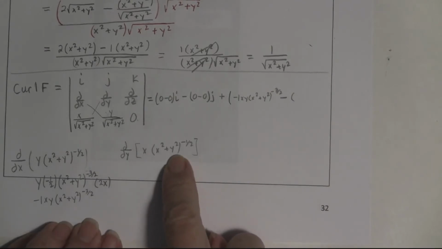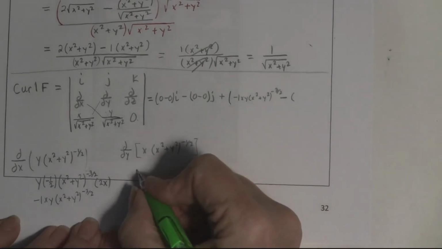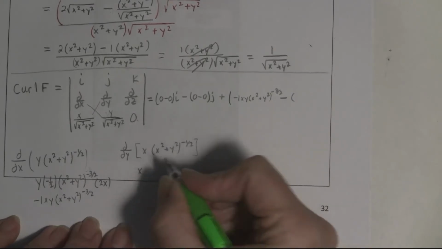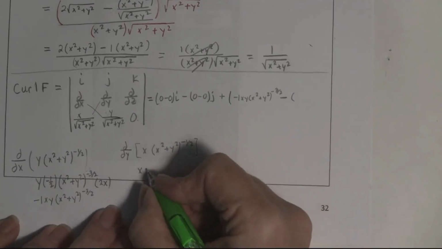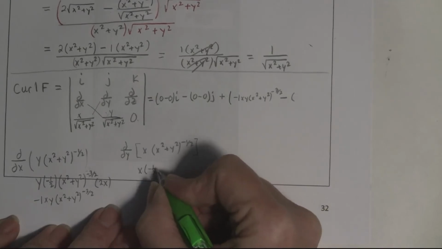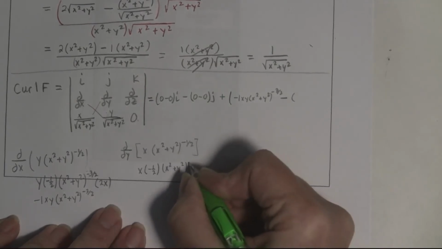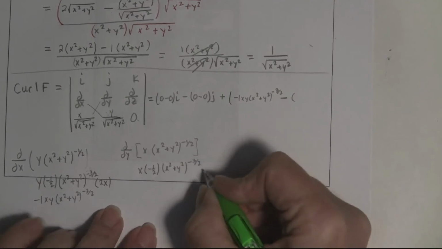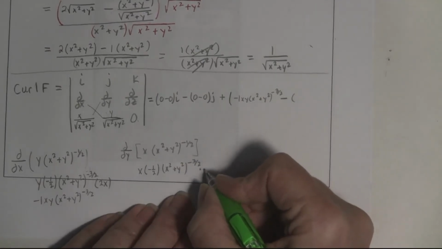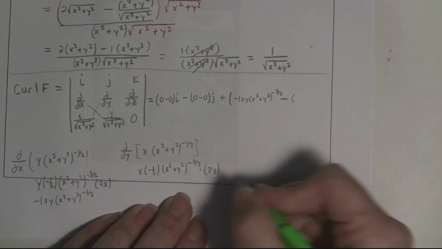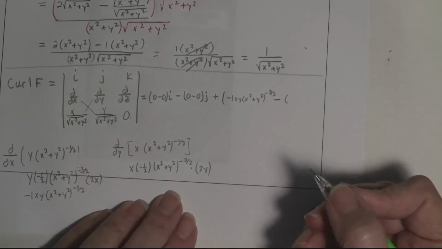Well, that constant is going to hold still, the negative half is going to come down in front, x squared plus y squared to the negative 3 halves, and then times 2y on our chain rule.